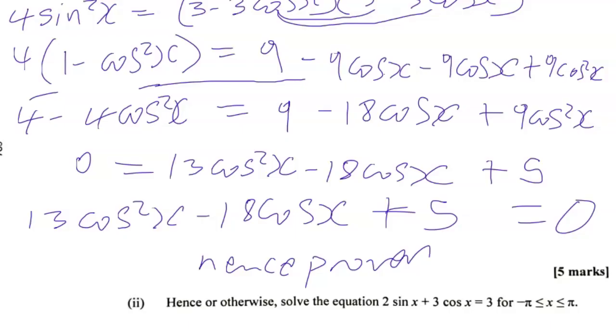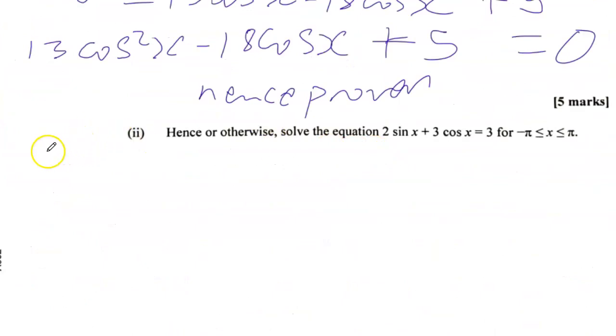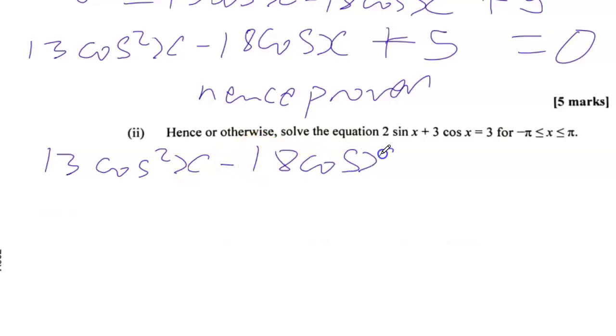So we have just shown that 2 sin x plus 3 cos x equal to 3 can be written as 13 cos²x minus 18 cos x plus 5. So let's rewrite this as 13 cos²x minus 18 cos x plus 5. So we have shown that this is an equivalent equation here. So we have a quadratic. So we can solve by factoring.